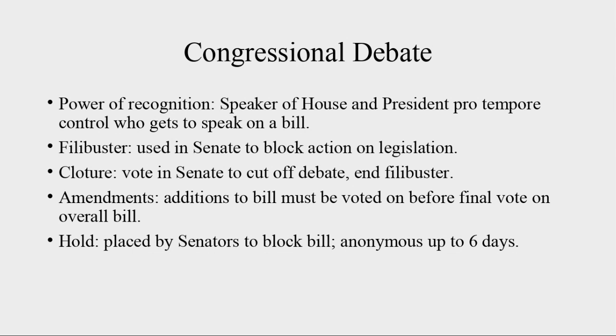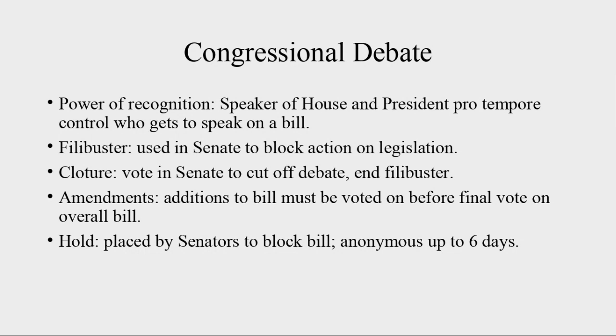The Senate also has the power of a hold. If a senator doesn't like a bill, but is afraid that their opposition would be unpopular, they can place an anonymous hold on a bill for up to 6 days. After the 6th day, they have to identify themselves in the congressional record and state why they placed the hold on it. So it can't be indefinite.